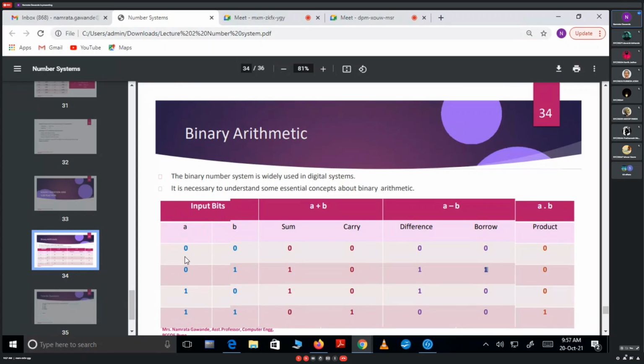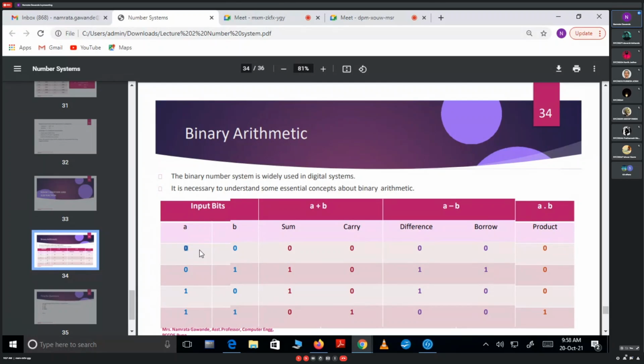Students, is there any doubt in one's complement, two's complement and binary arithmetic now? Ma'am, you can explain that subtraction again. Okay. Subtraction means the first bit, which is 0 here. In digital electronics, a minimum of 2 bits is required to carry out an operation.